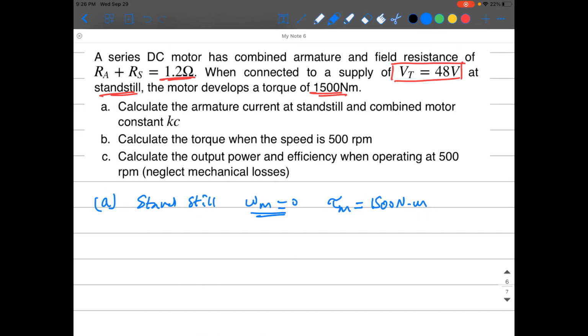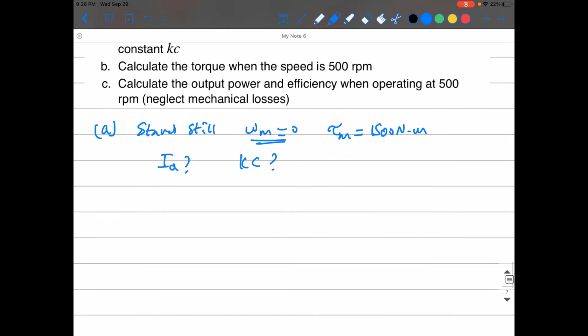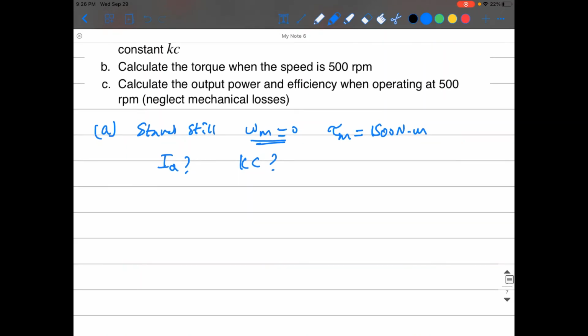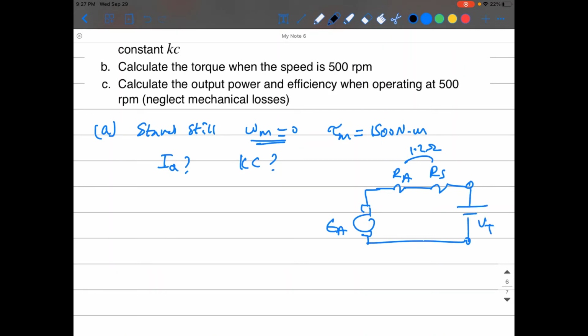He wants you to find the armature current and the combined Kc constant. Here are Rs and Ra, the combined value is 1.2 ohms, here is your induced voltage, and here is your terminal voltage, and that is the current moving through here.